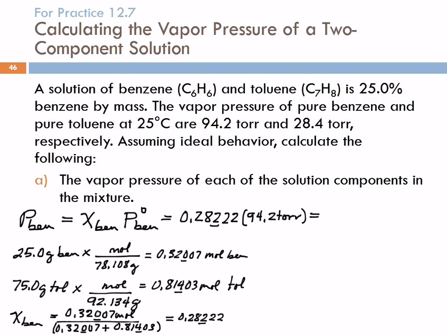So that comes out to be 26.585 torr. So that's one answer, vapor pressure of each solution. I'm not going to round that yet because we're going to need that for the next part. If you were just reporting that one, you'd say 26.6 torr. Any questions? If this is the mole fraction of benzene, what's the mole fraction of toluene?